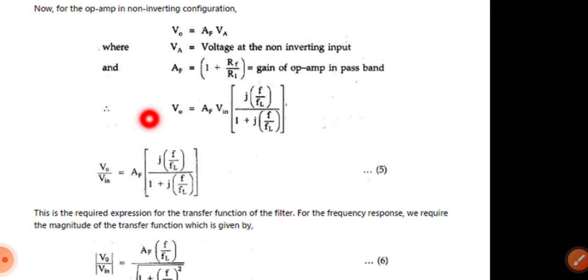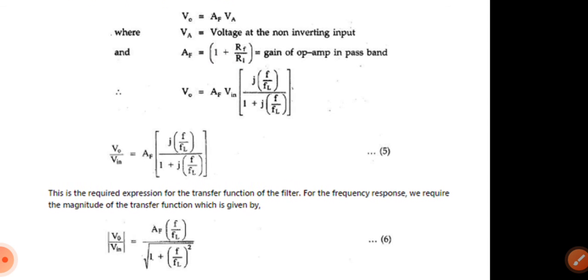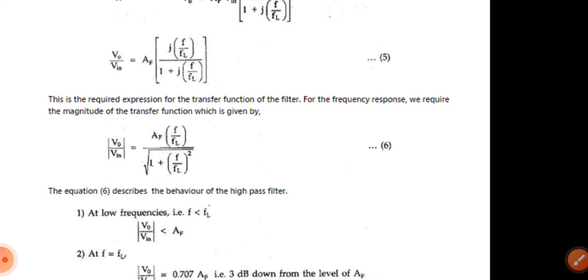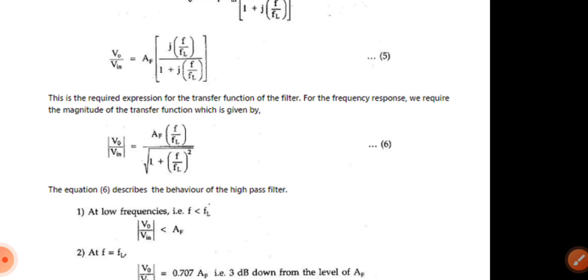This V in, take it in the denominator. V naught by V in equals to AF into, same equation you have to write it. Use the transfer function of the filter for the frequency response. We require the magnitude of the transfer function, which is given by V naught by V in equals to AF into F divided by FL, divided by root of 1 plus F divided by FL whole square.